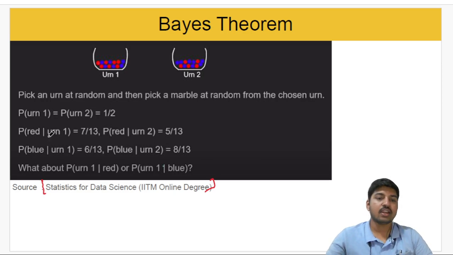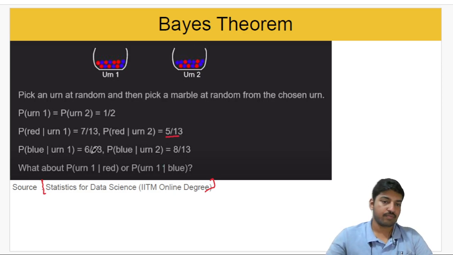Even they have calculated the probability of red given urn 1. What is the probability of red? It is 7 upon 13. What is the probability of red given it is urn 2? So urn 2 has been given already. The sample space comes down to 13 and there are only 5 red marbles. So it is 5 by 13.